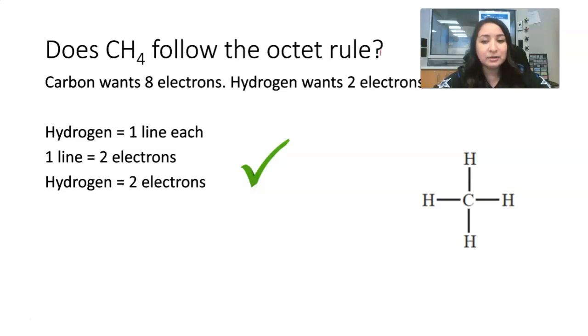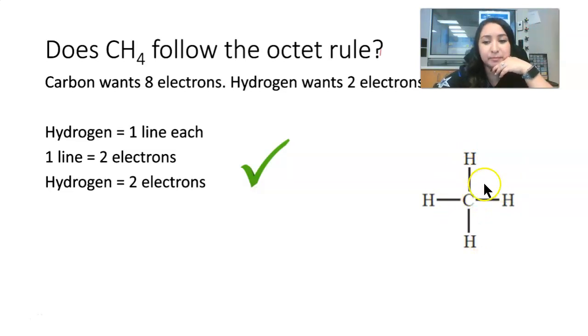Each hydrogen wants to have 2 electrons, that's what it says on top. Here, each line represents 2 electrons. Out of hydrogen, there are no leftover electrons, no more floating dots. But I do see one line coming out of the hydrogen. Each line represents 2 electrons. So yes, it has 2 electrons, and that's exactly what it wants.